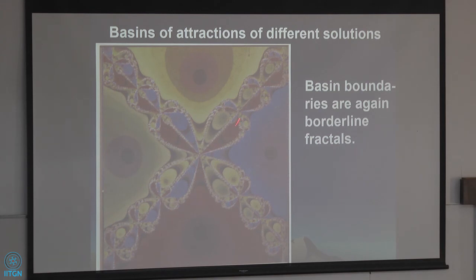But look at these 45-degree lines. A little change in the initial guess will take you from this root to that root, or from this root to that root. And as you see, beautiful pictures, they look very similar. This is really the fractal basin boundaries.